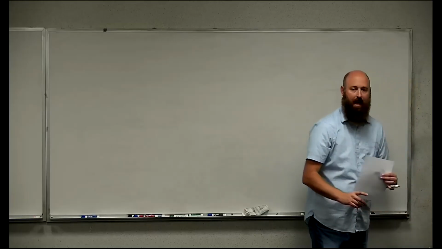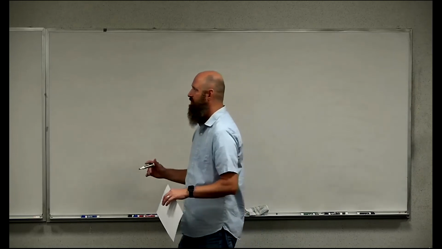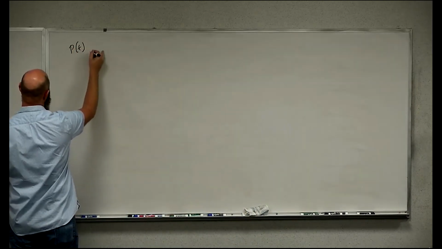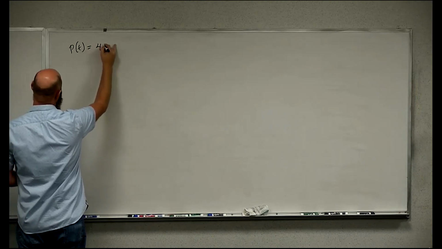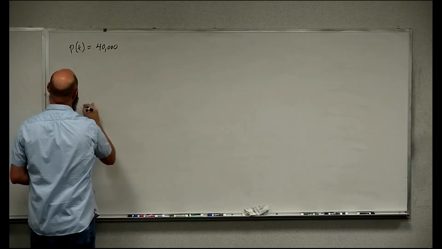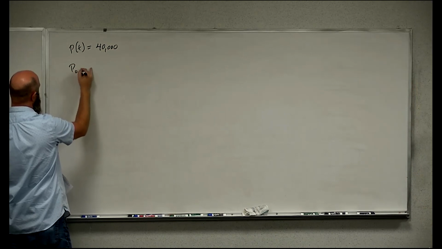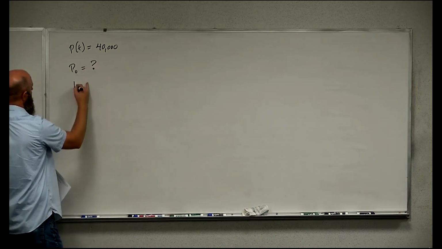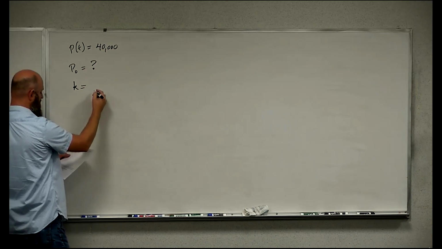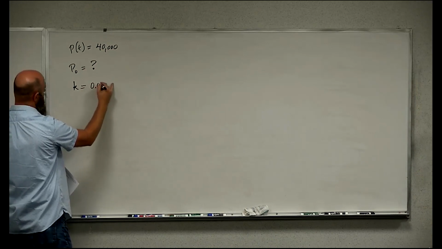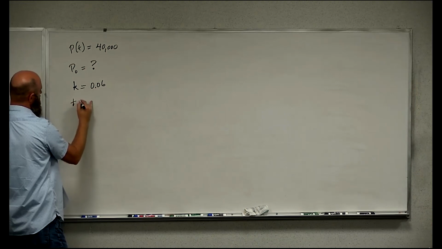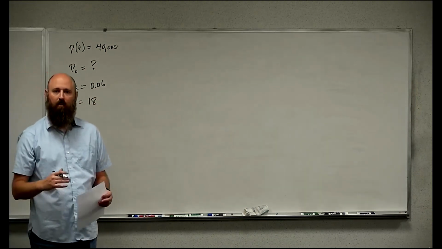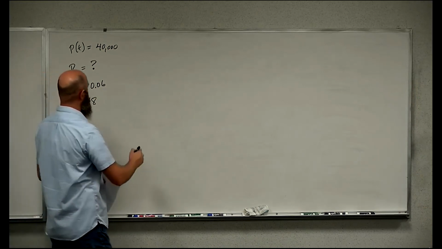So when we look at that, just to map those things out, we actually know what P of T is. That is going to be 40,000. We don't know P sub 0, so we're looking for that. We know K. K is 6%, so that's 0.06, and our time is 18. So we have all of those pieces, and we plug that in.